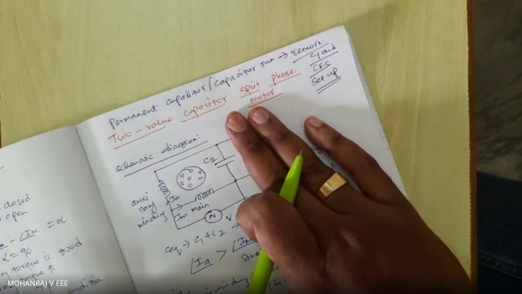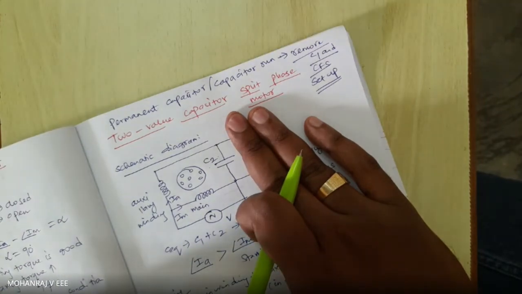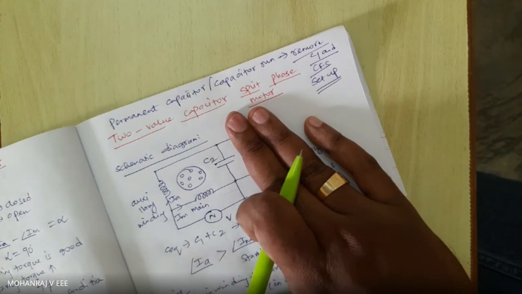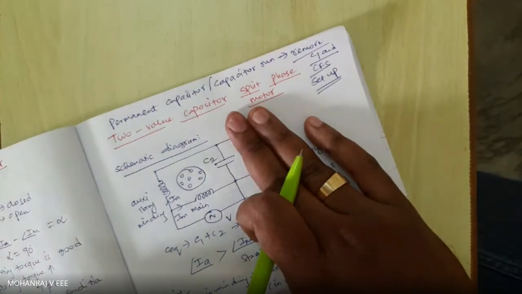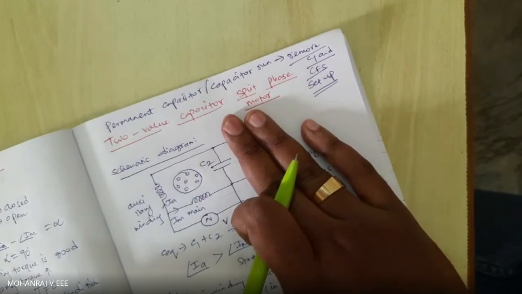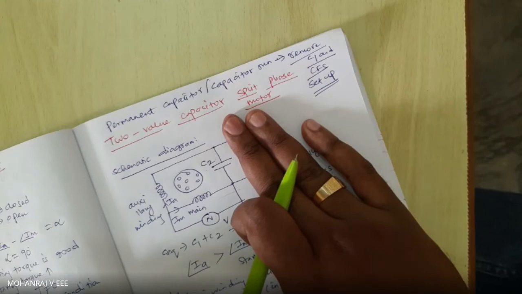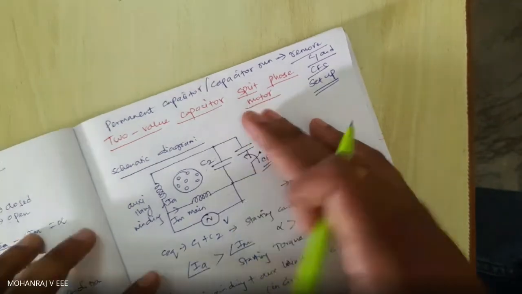So what is the use of this? The capacitor presence improves the power factor of the motor because it is available during starting as well as running condition. As well as the starting torque is medium now.